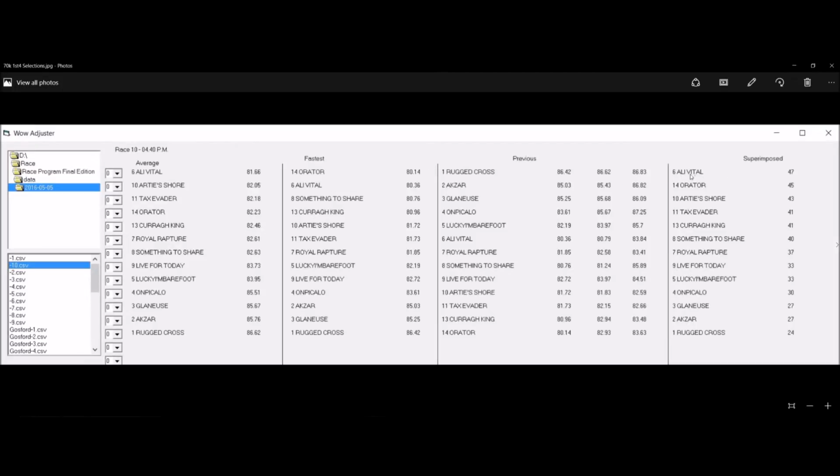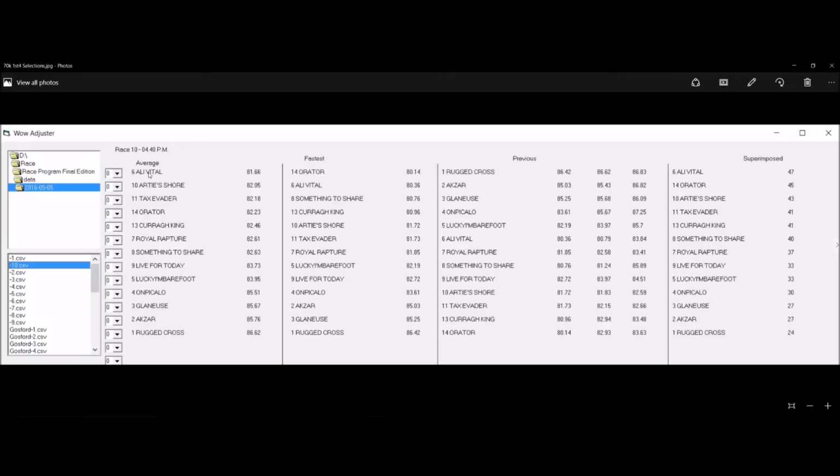This one here, what it gives you is your average times of your 3 previous races. Then it gives you a column here of the very fastest time out of those races, all put into ascending order. Then you get a score.